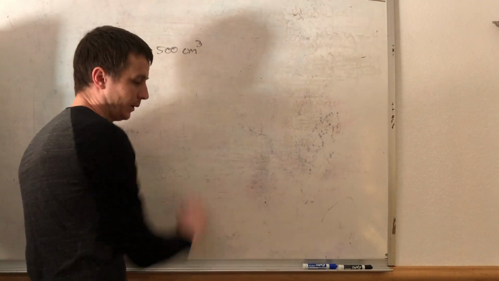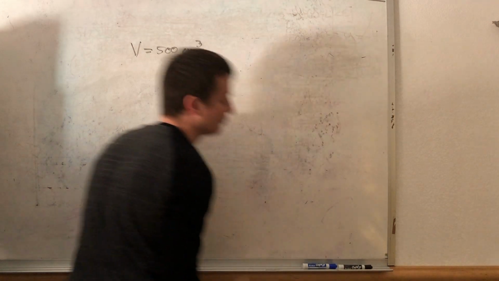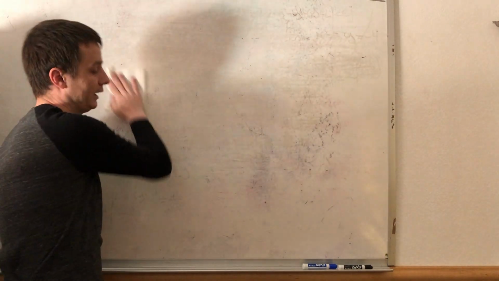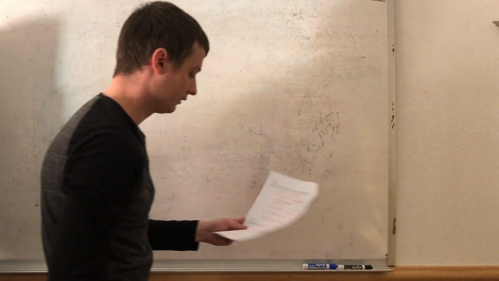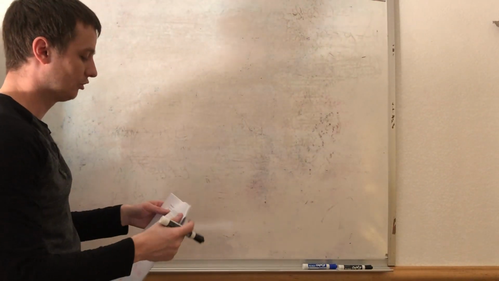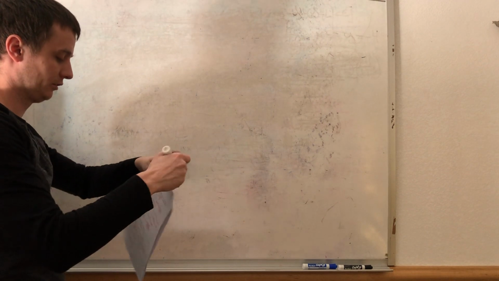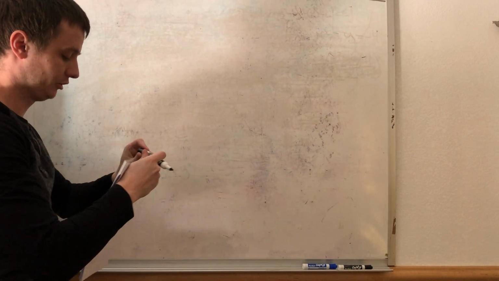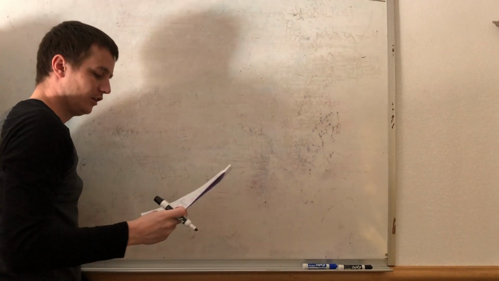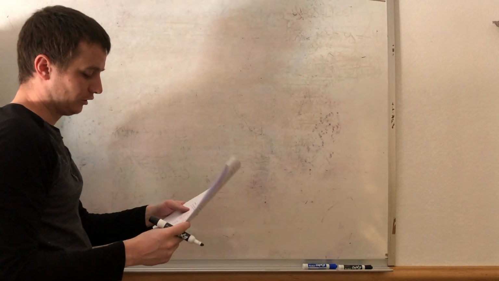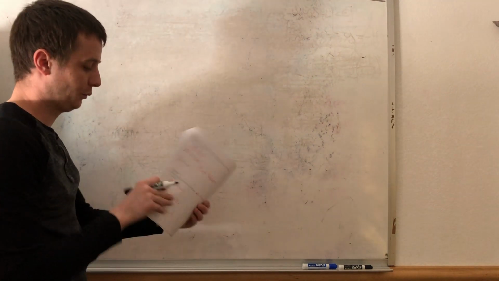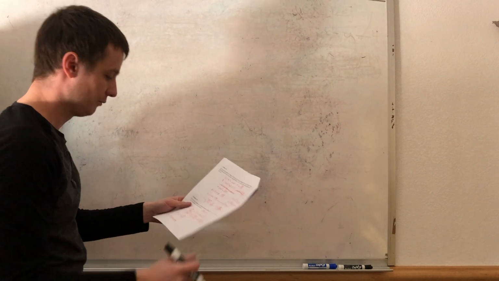I already did this exact problem, so I'm not going to rewrite it here. You can go back to the lecture and watch me explain how to get the answer there, because it's almost an identical problem. We just changed it to 500 cubic centimeters instead of a full liter, which is 1,000 cubic centimeters. So hardly changing anything, and we already have an answer to that one recorded that you can find.